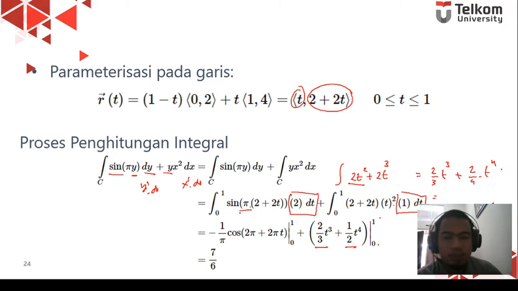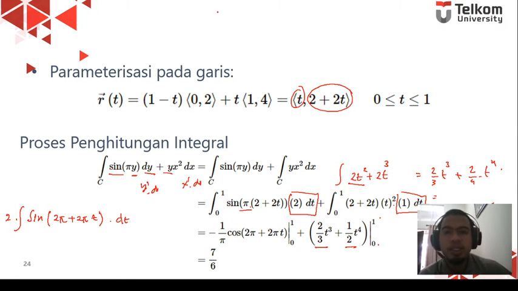How about this one? If you would like to find this integral, it should be equal to the integral of sin of 2p plus 2p t times dt. The 2 here, we take it out. So what is the integral of sin?